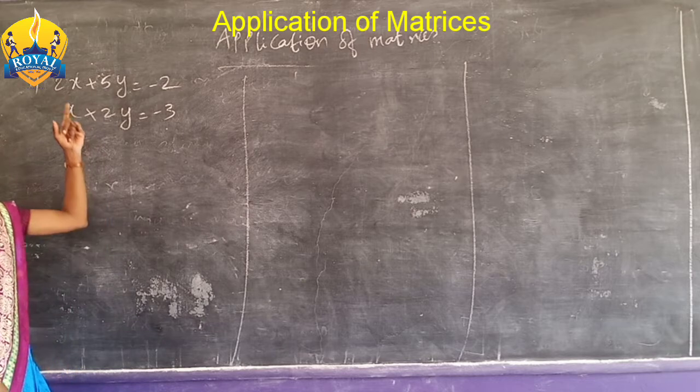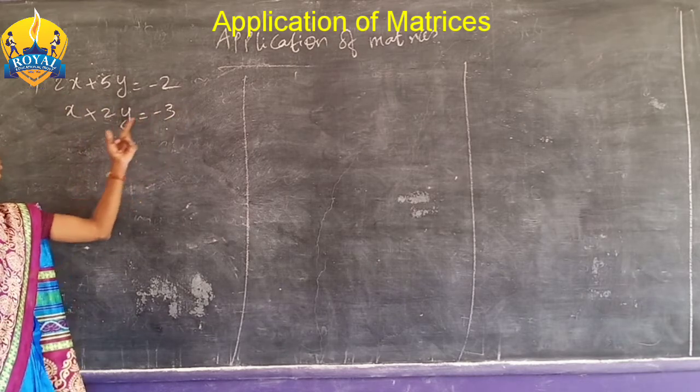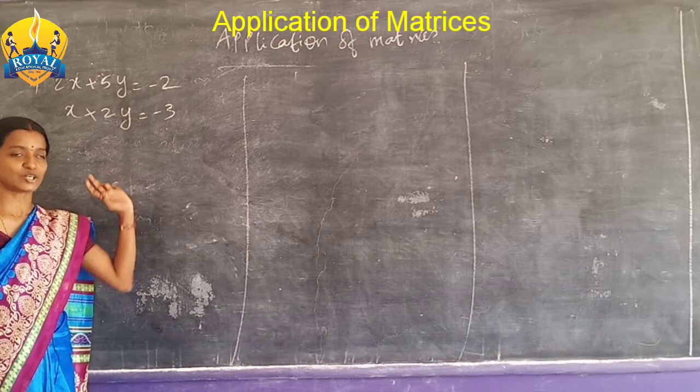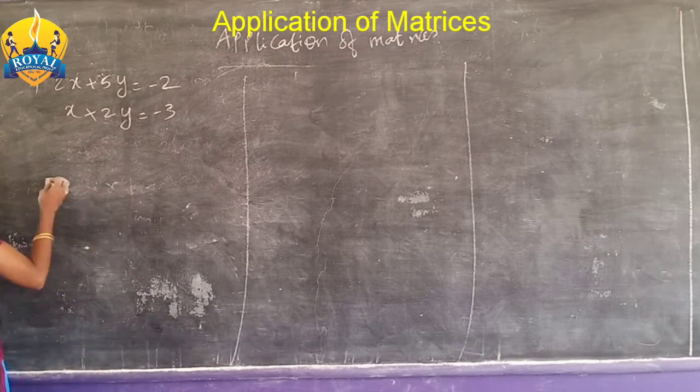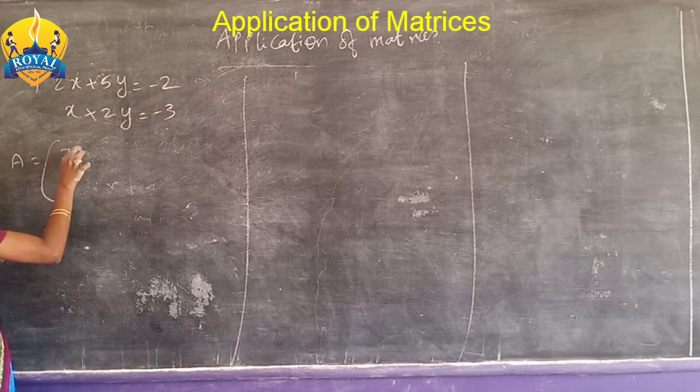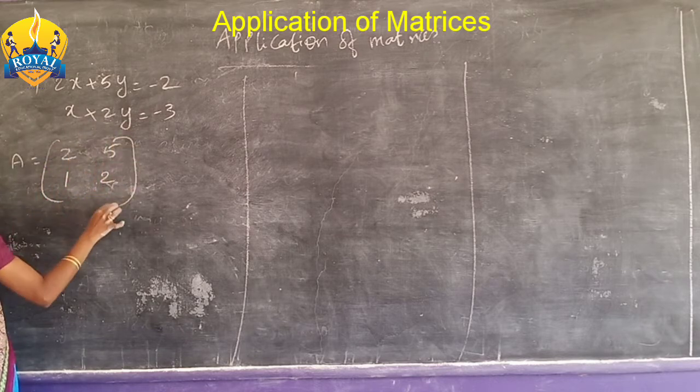My first question is 2x plus 5y equal to minus 2, x plus 2y equal to minus 3. I am going to write this in matrix form. First, my matrix A is the coefficients of x and y: 2, 5, 1, 2.